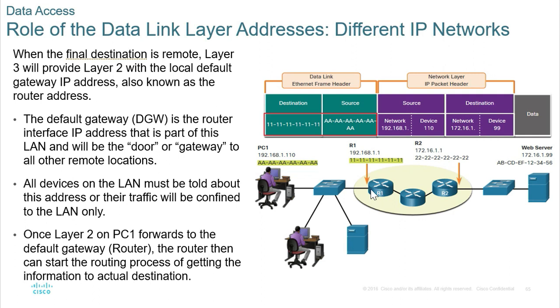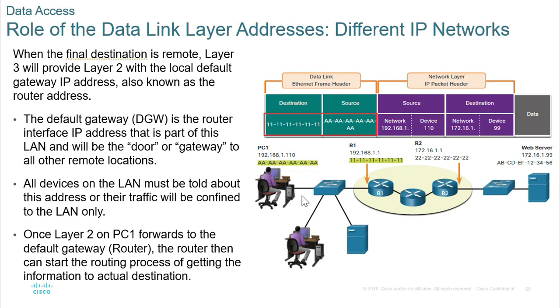In this case, the data link layer or physical address used in the packet will not be the actual address of the destination, because there's no way PC1 can know the physical address of this server since it's on a different network.